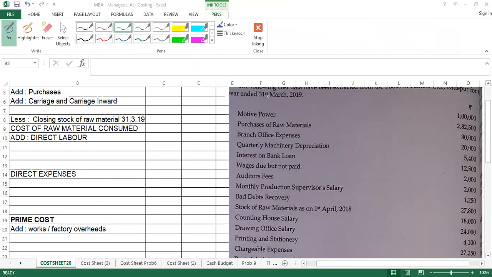So that is your factory expenses. I'll write here factory expenses.